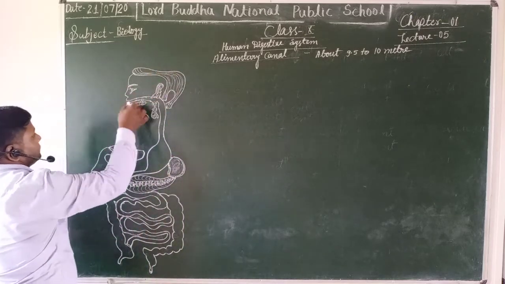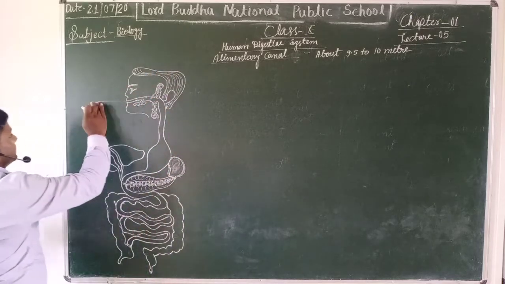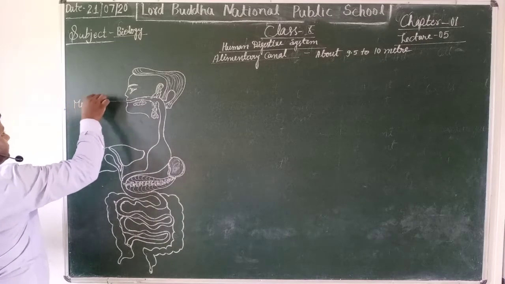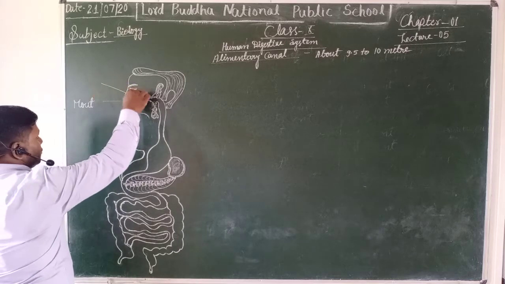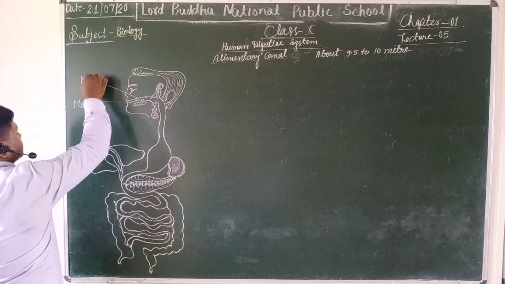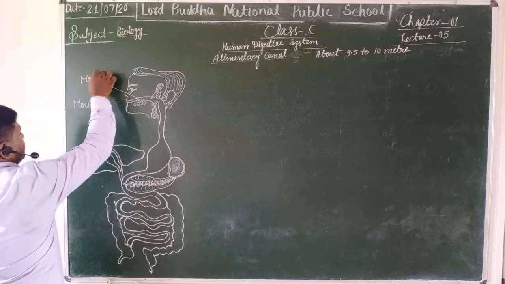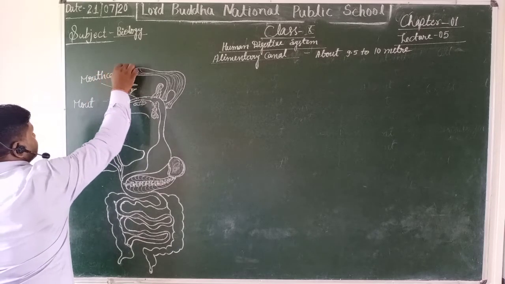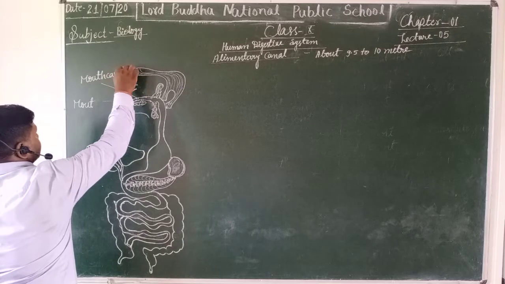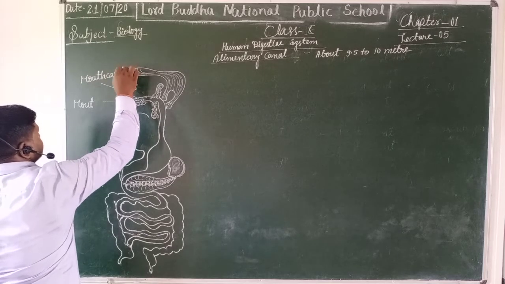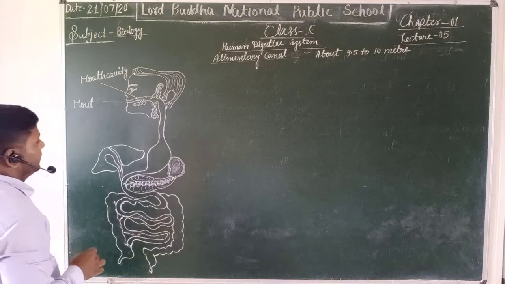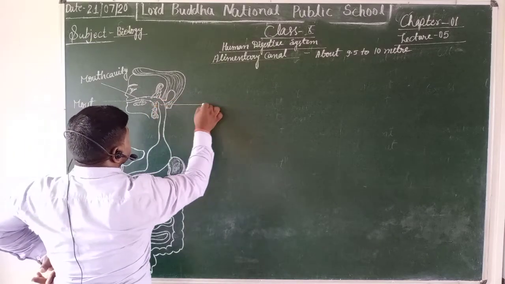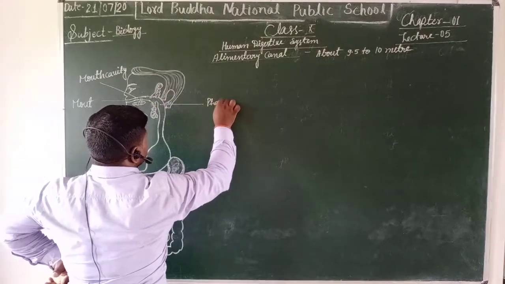If we are discussing at first, this is the mouth cavity, or you can also call it oral cavity or buccal cavity, so many names. This is the pharynx.